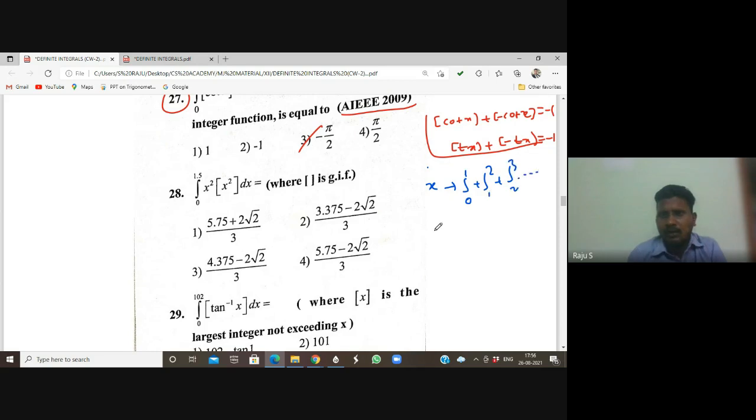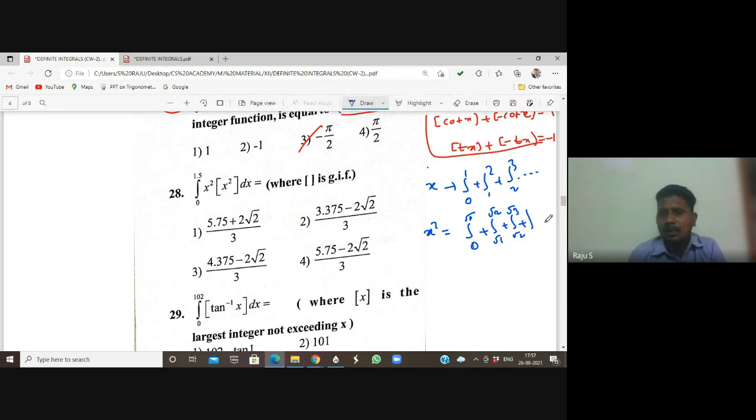Whenever it is x square, we can divide it as 0 to root 1 plus root 1 to root 2 plus root 2 to root 3, until the given upper limit. According to the upper limit, you have to go.